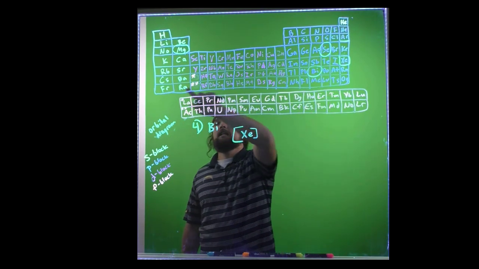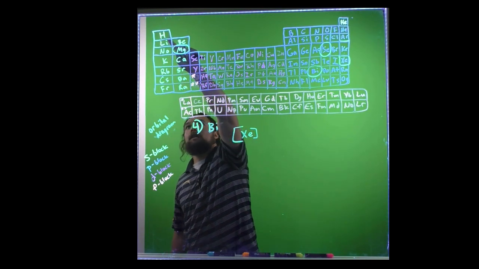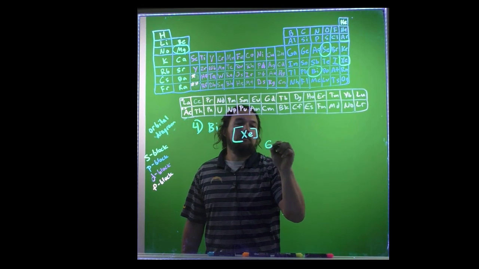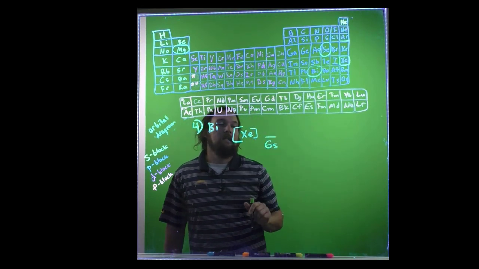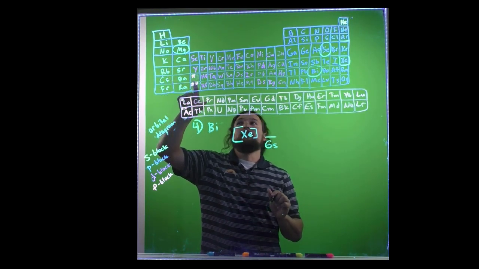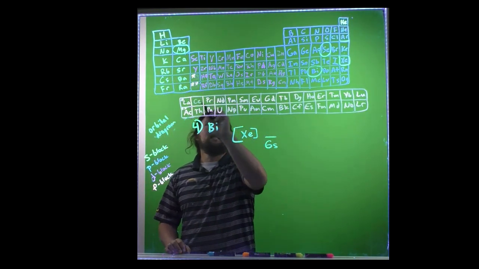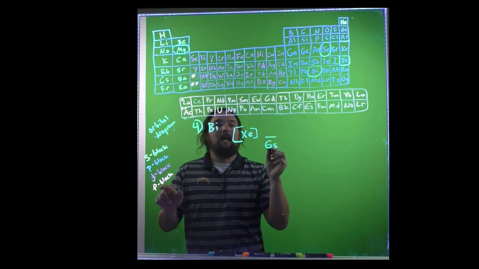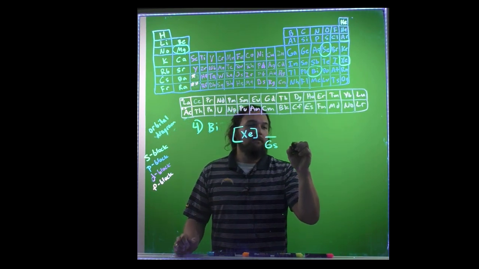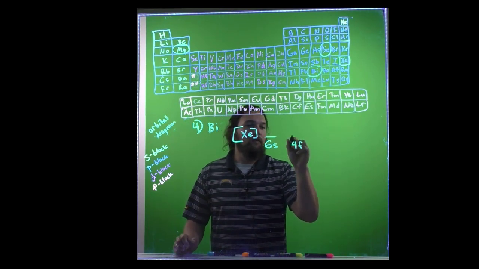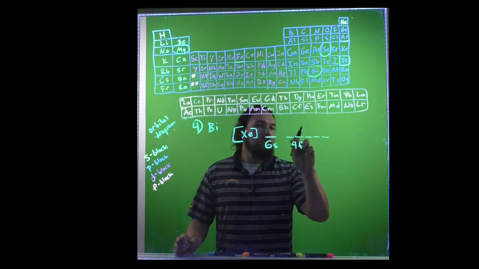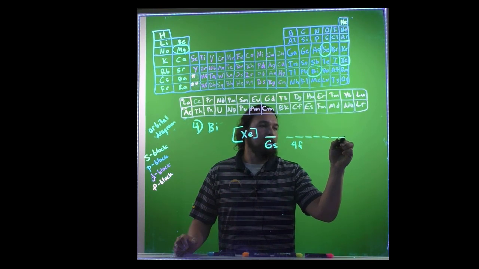So what we need to draw then is this here, which is 1, 2, 3, 4, 5, 6. So we have the 6s orbital, and we'll draw that. There's only one 6s orbital. After the 6s orbital, you can see here we have this star, which represents this first row of the F block. So the first row of the F block, if you think back to quantum numbers, is the 4f. So we'll write 4f, and each f has 7 orbitals.